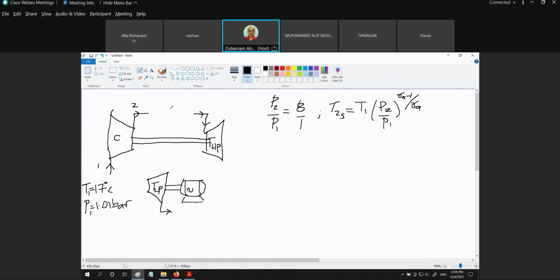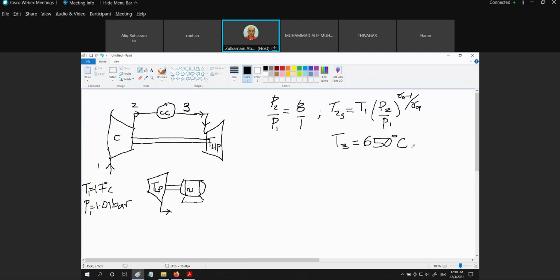And what we have learned is that the only place that could increase this temperature is a combustion chamber. And this combustion chamber will lead the temperature to state 3. Okay, let's say this is state 3. And the temperature T3 in this case is equal to 650 degrees C.